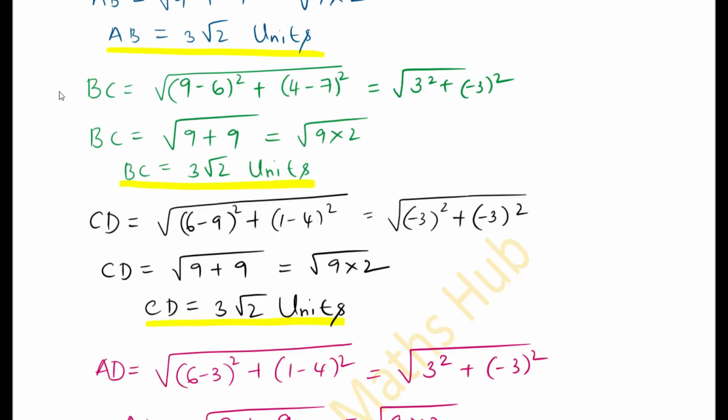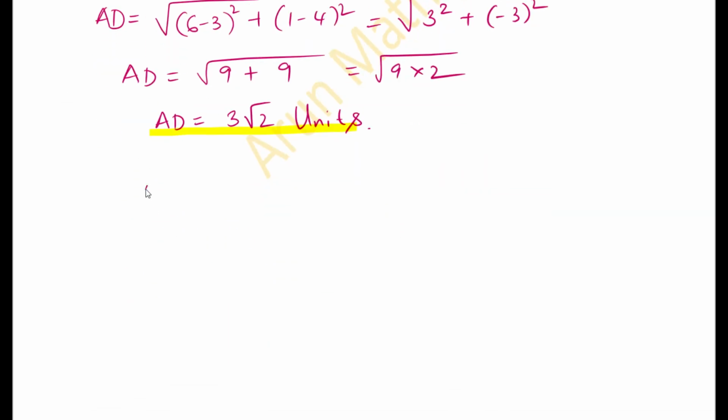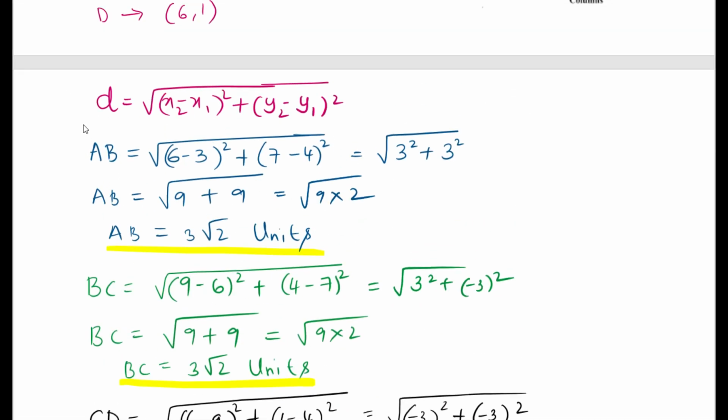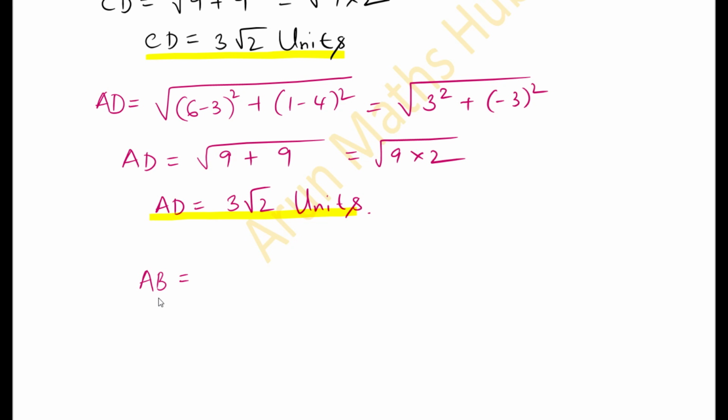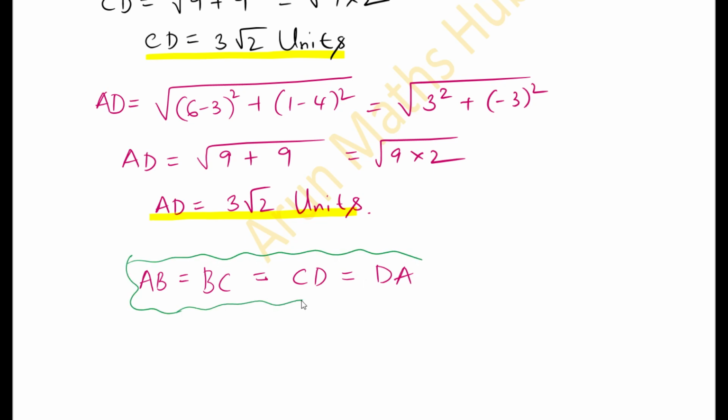You can check that all the lengths are equal, that is AB equals BC, which is equal to CD, which is equal to DA. All the lengths are equal, formed by the points 3, 4, 6, 7, 9, 4 and 6, 1.